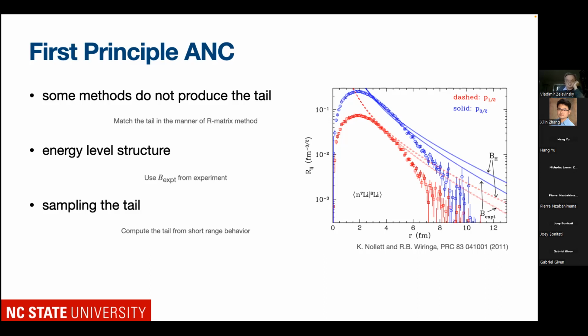And they get these curves, and you see that it's hard to replicate the tails. They are noisy. We're having some problems sampling the tails, and we also need to use the small change in the energy levels, between the theoretical value and the experimental value. It gave a huge difference in this case.